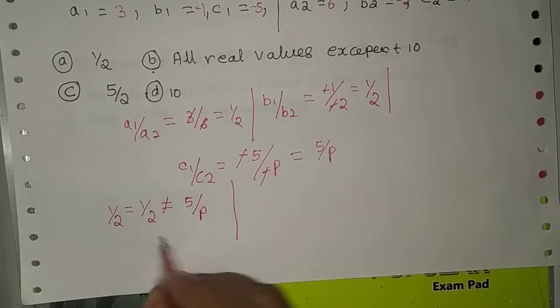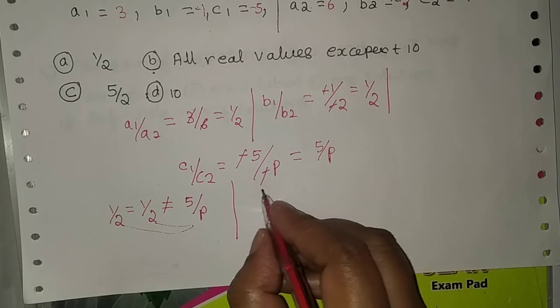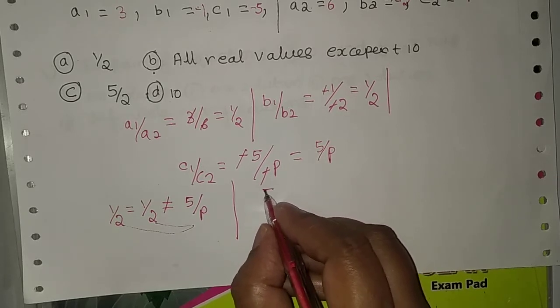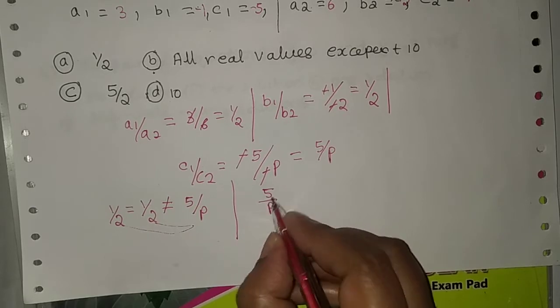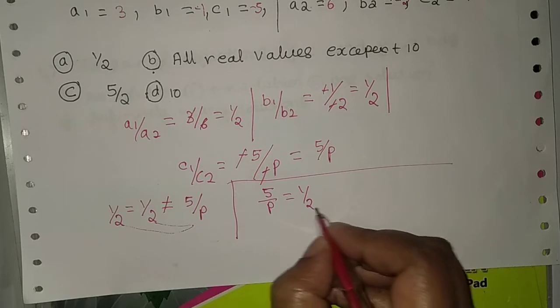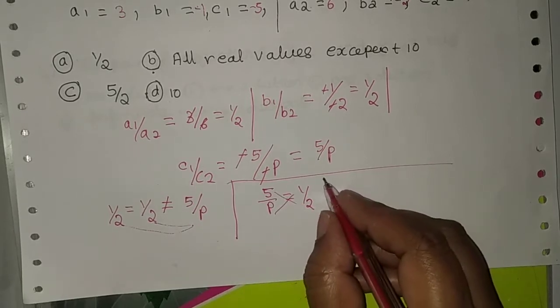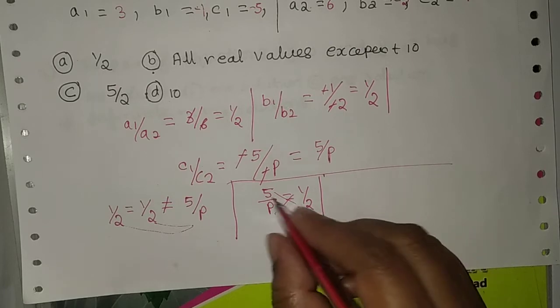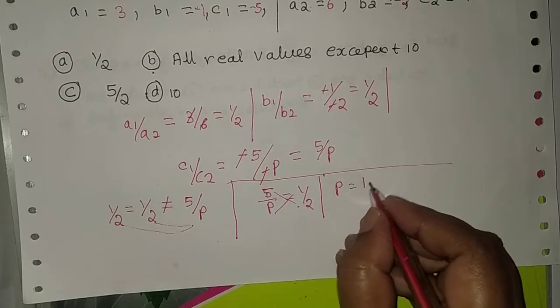So now we take 5 by p equal to 1 by 2. Then cross multiply this. What happens? p is equal to 10.